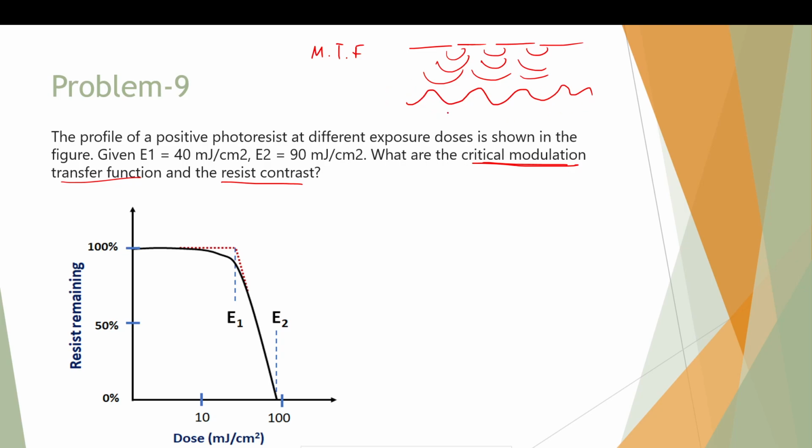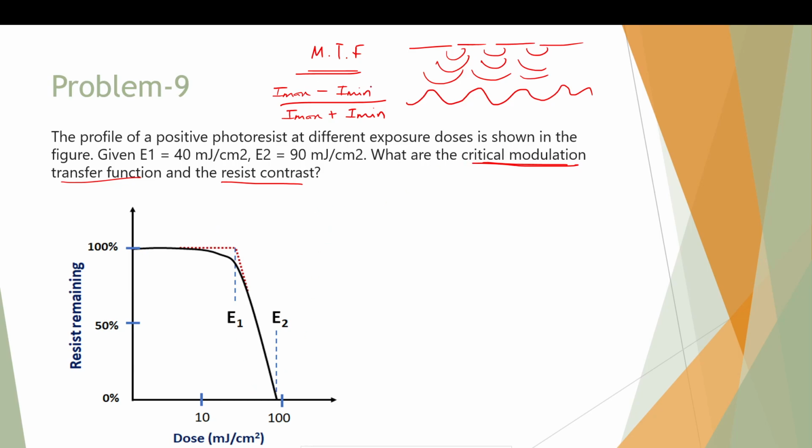The contrast of this aerial image is given by the modulation transfer function. It is nothing but I max minus I min upon I max plus I min. This contrast has to be high enough for the photoresist to realize the contrast.